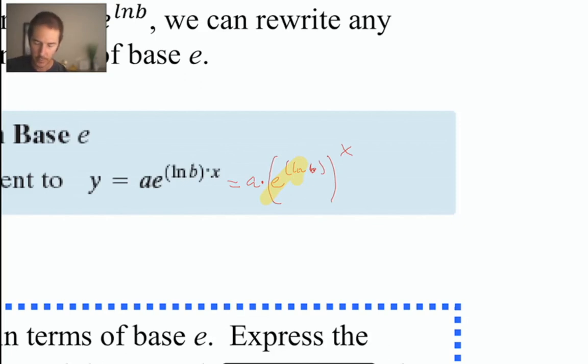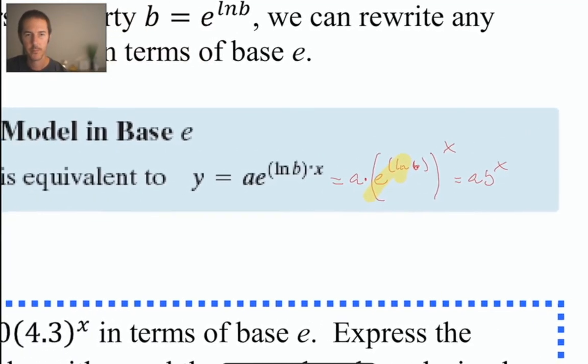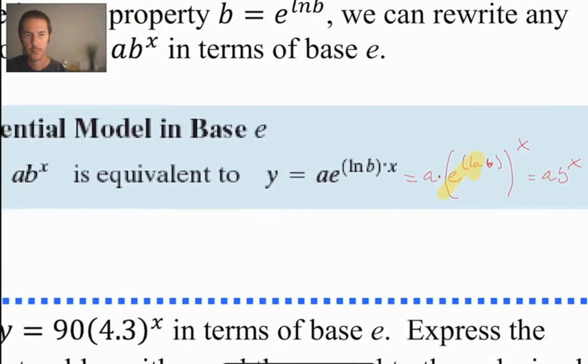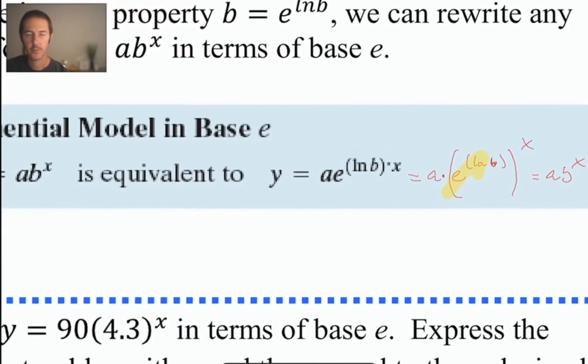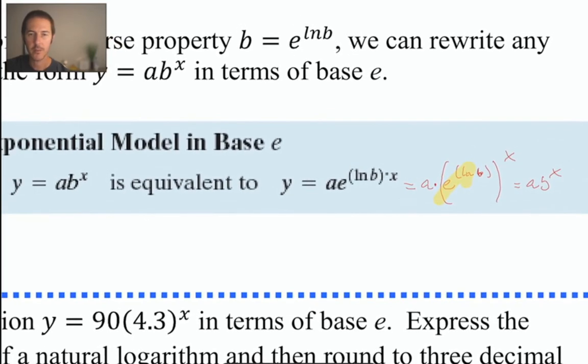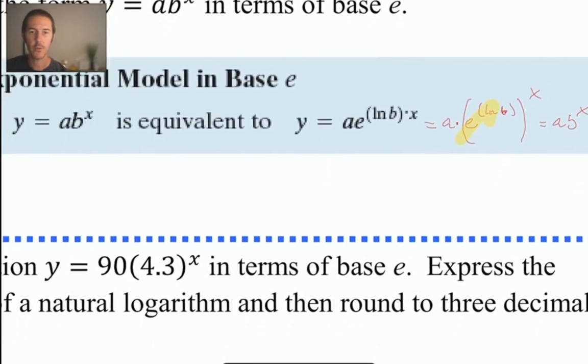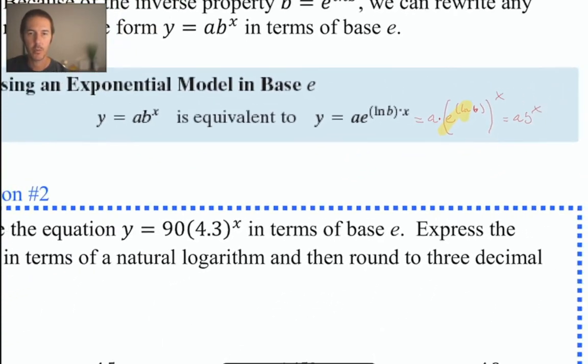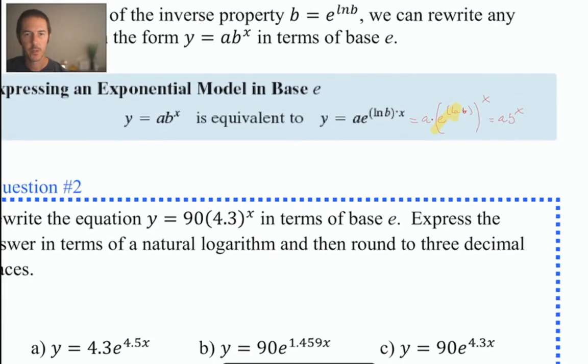So this would be equivalent to a times b to the x, which of course on the left-hand side of your screen is how all of this started, as y equals a times b to the x. So just a quick illustration of how and why these two printed statements are equivalent.